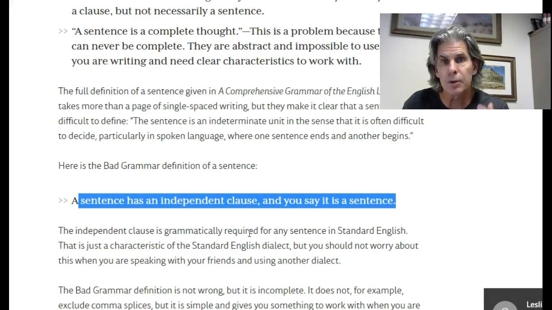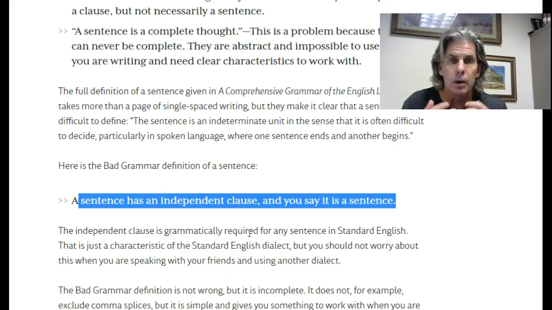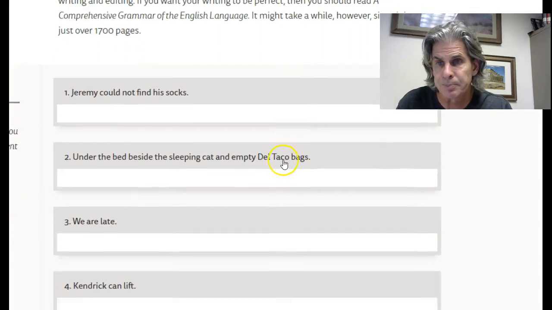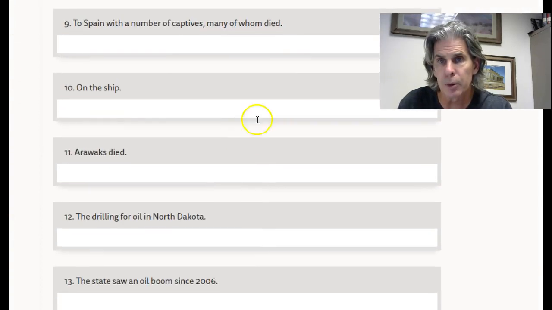Ultimately, it must have an independent clause, but it also has to have your approval. And it's very important to understand that. Ultimately, your writing is up to you. You get to decide if that sentence that you write counts as a sentence, or if you want to expand it, or write it shorter, or whatever you want to do. As long as you have that independent clause, you've got a sentence in standard written English. Okay? And so those are the notions I want you to get early on.